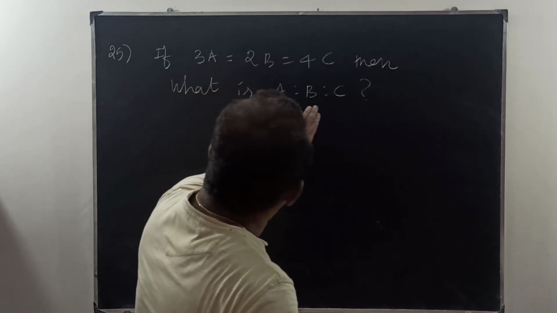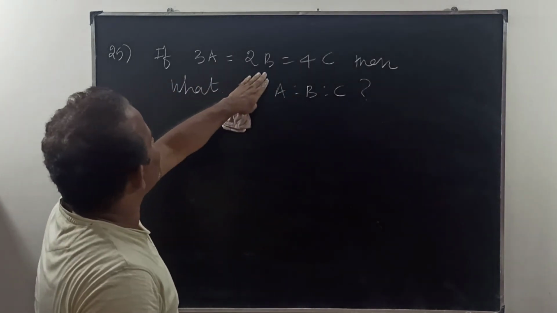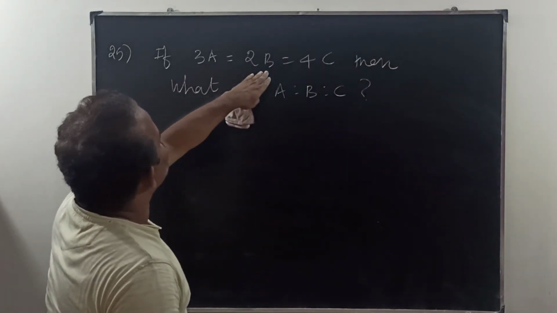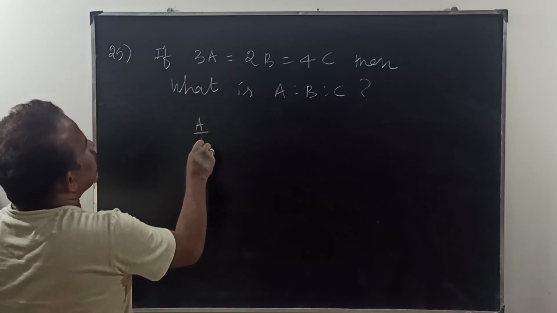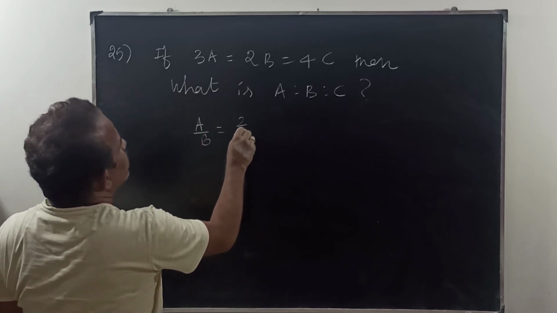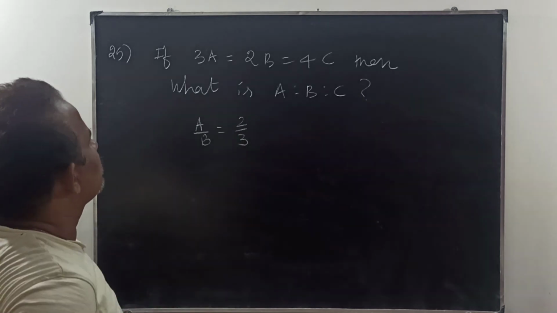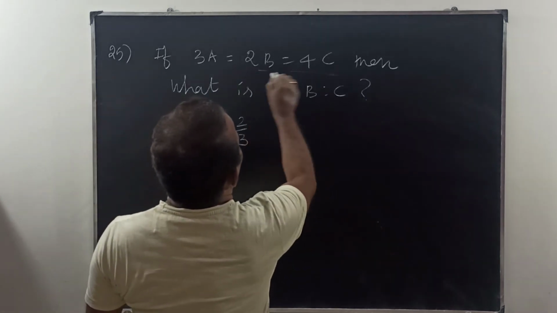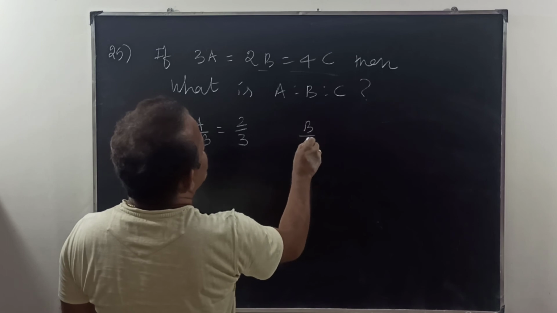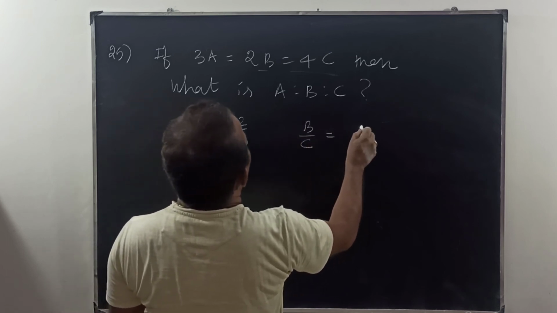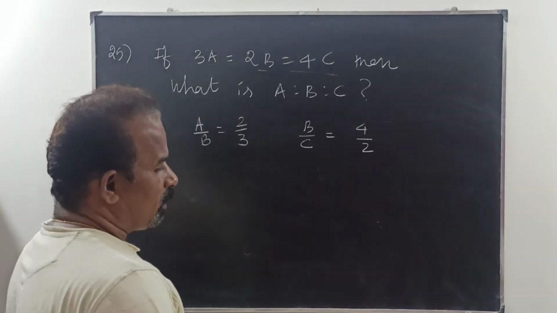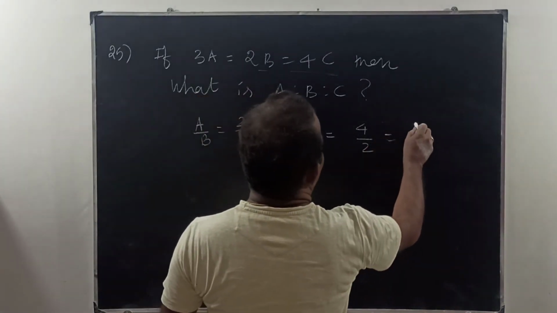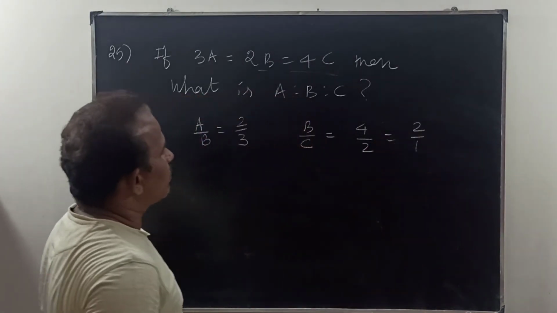The same thing. We know a is to b. From these two, we can take a by b is equal to 2 by 3. Similarly, from these two, we can take b by c is equal to 4 by 2, which is equal to 2 by 1.